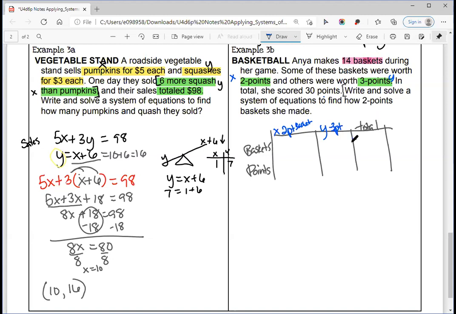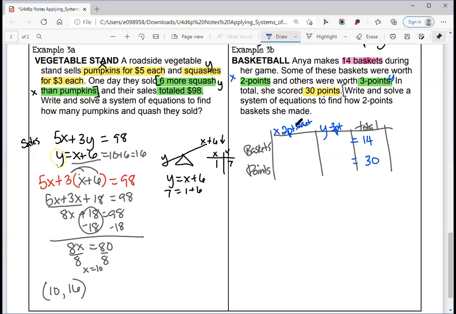Would that go over here on the top one or the bottom? Yeah, I agree, the top. So that's going to be 14. Do we have a total for the points? Yes, we do. And that total is 30 points, right? So I'm going to put 30 here.